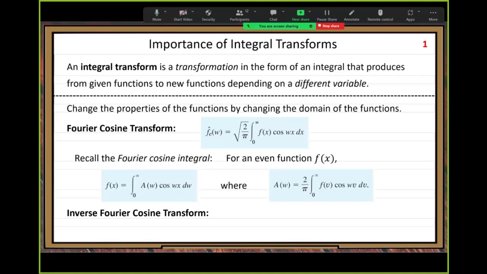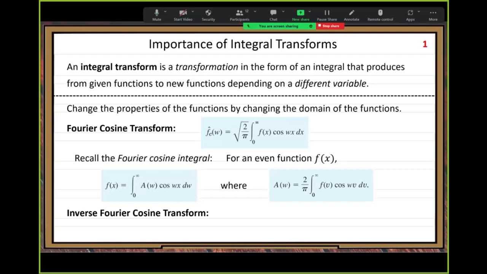So here we do the inverse transform. Inverse transform means that after we know this transformed function, we take another integral, the inverse transform, and we get back the original function. That's just this formula.